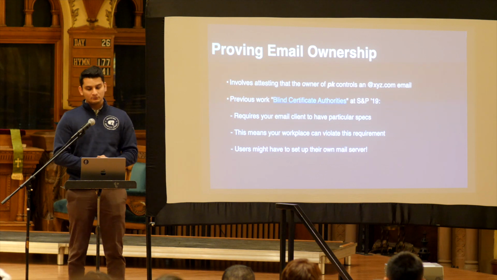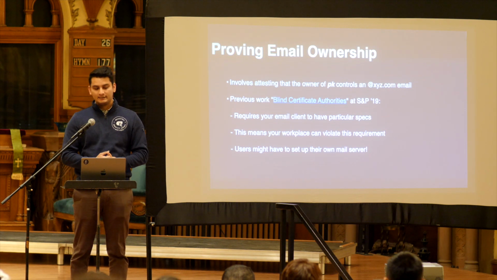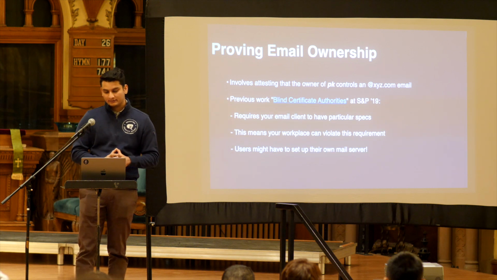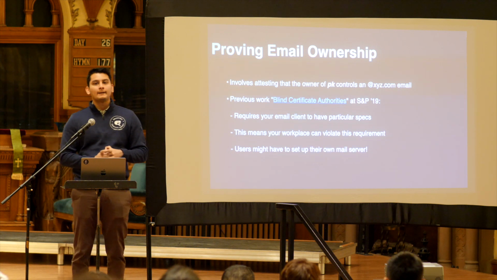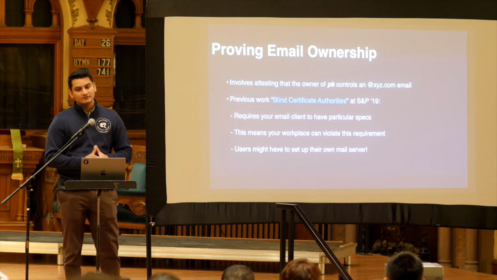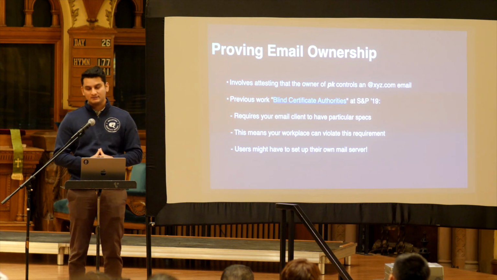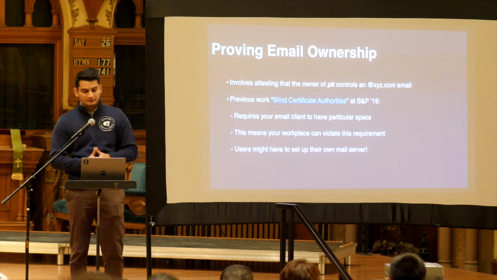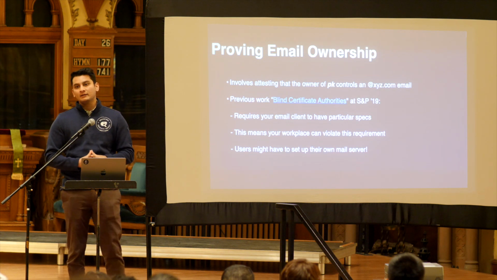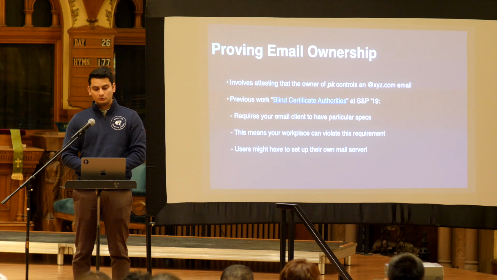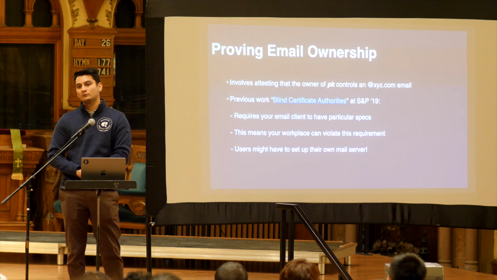There has been some recent work in the past on this stuff. It's called Blind Certificate Authorities. It was a paper at Oakland S&P in 2019. It's a nice paper, but it has certain flaws, which is perhaps one of the reasons why it hasn't been deployed at large. Basically, it requires your email client to have a particular specification. So let's say your employer doesn't want you to use this proof system.